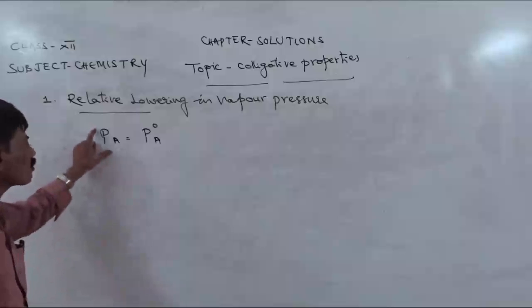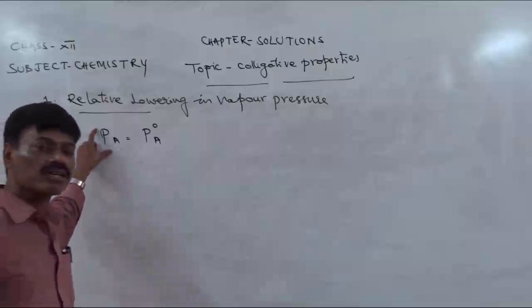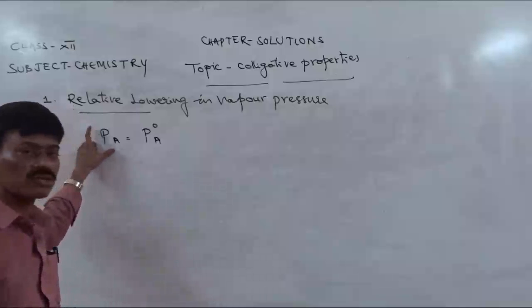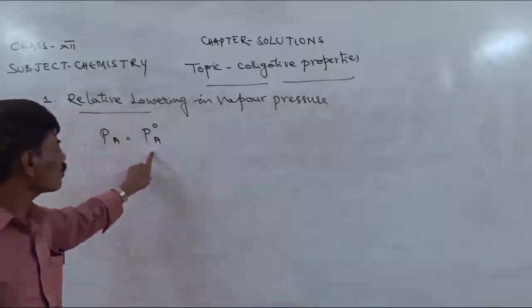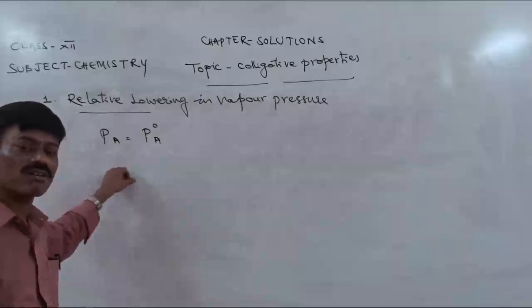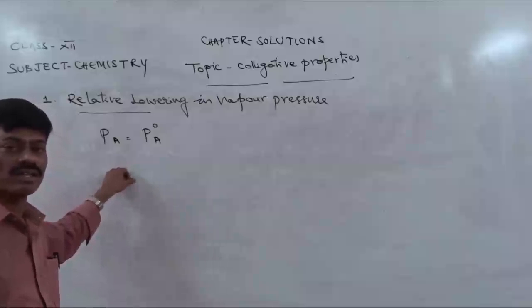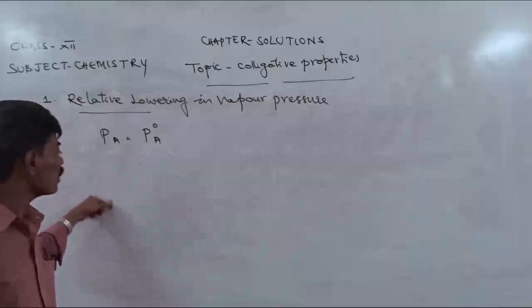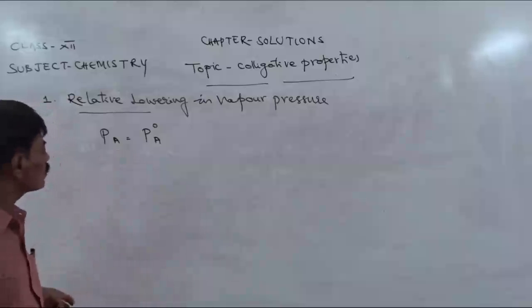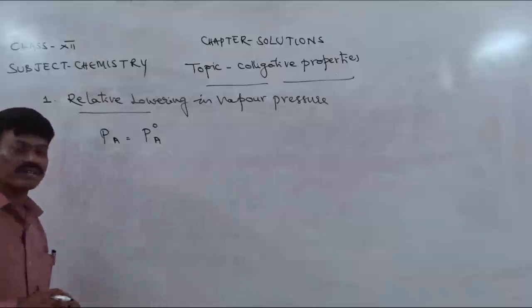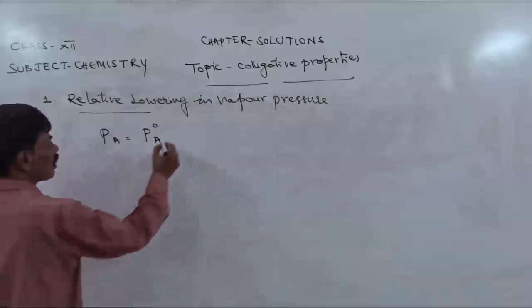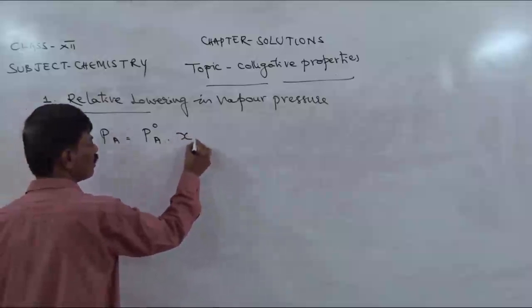Vapor pressure of solvent means when non-volatile solute is dissolved in it, they are going to form the binary solution. Vapor pressure of pure solvent means when solute is not dissolved in the solvent. So that is what P0A, that is vapor pressure of pure solvent, indicates, multiplied by chi A.